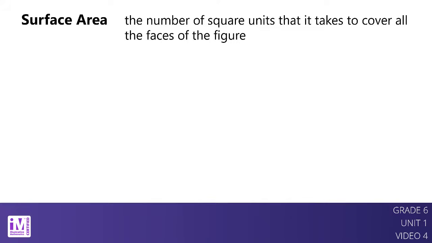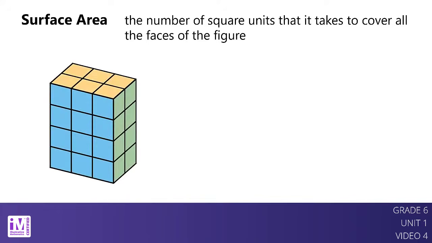The surface area of a figure is the number of square units that it takes to cover all the faces of the figure without any gaps or overlaps. For example, a rectangular prism has 6 faces. There are 3 pairs of identical rectangles.